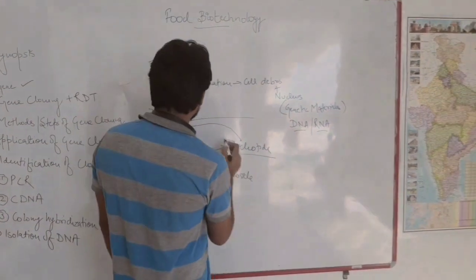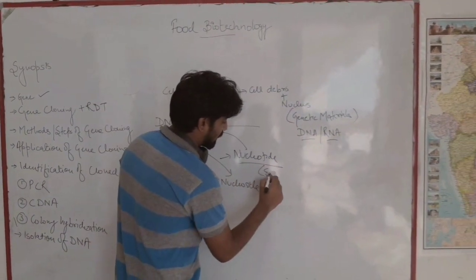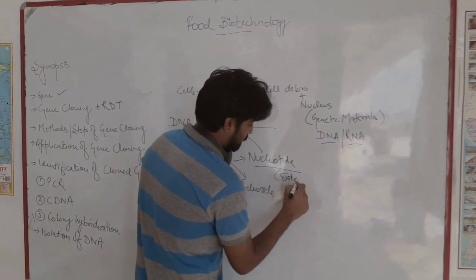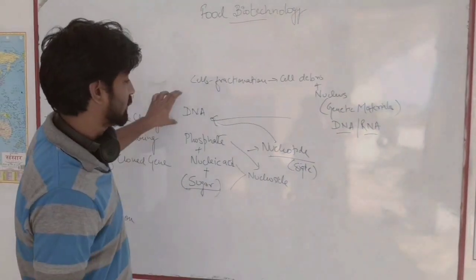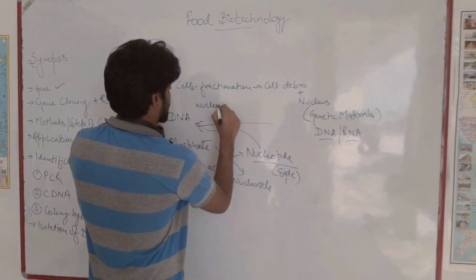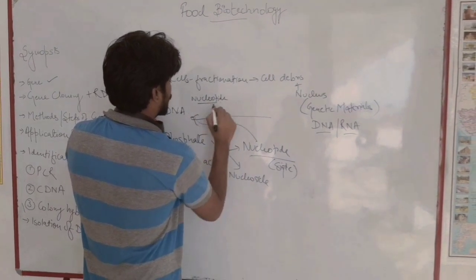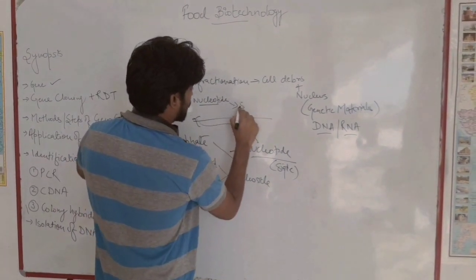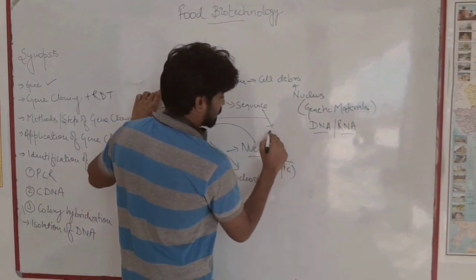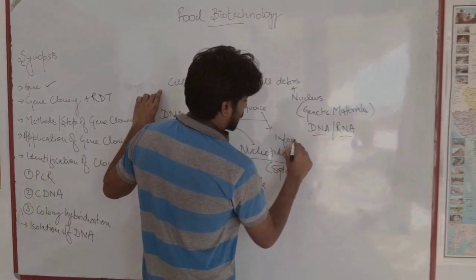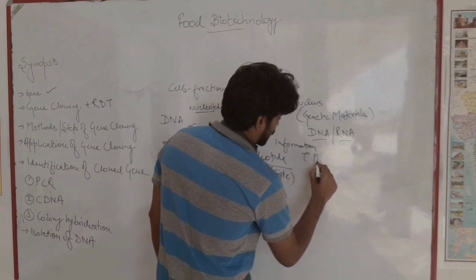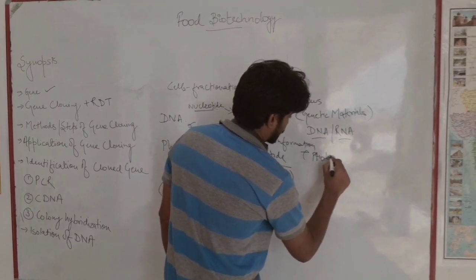Why is the nucleotide referred to as DNA? The single unit is referred to as a nucleotide. But when we are dealing with DNA, it is composed of a set of nucleotides. This set of nucleotides is a sequence, which carries the information about protein formation.